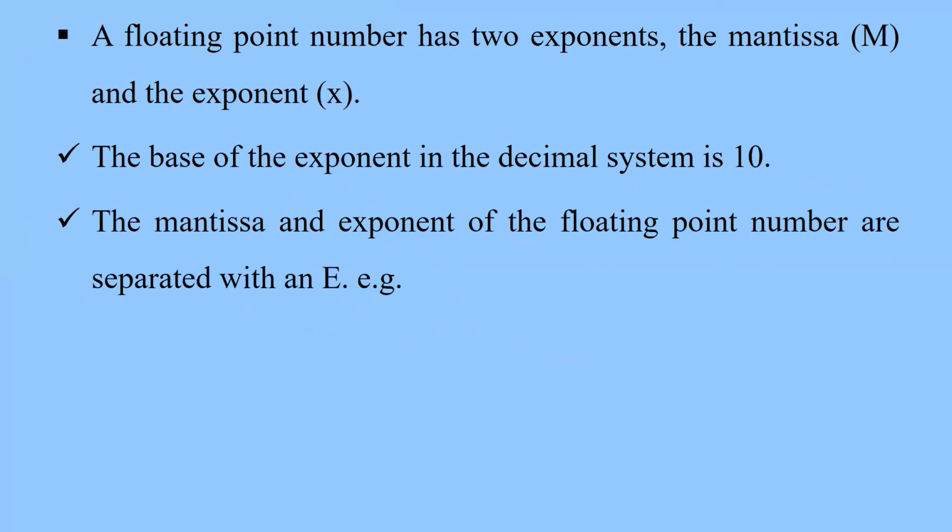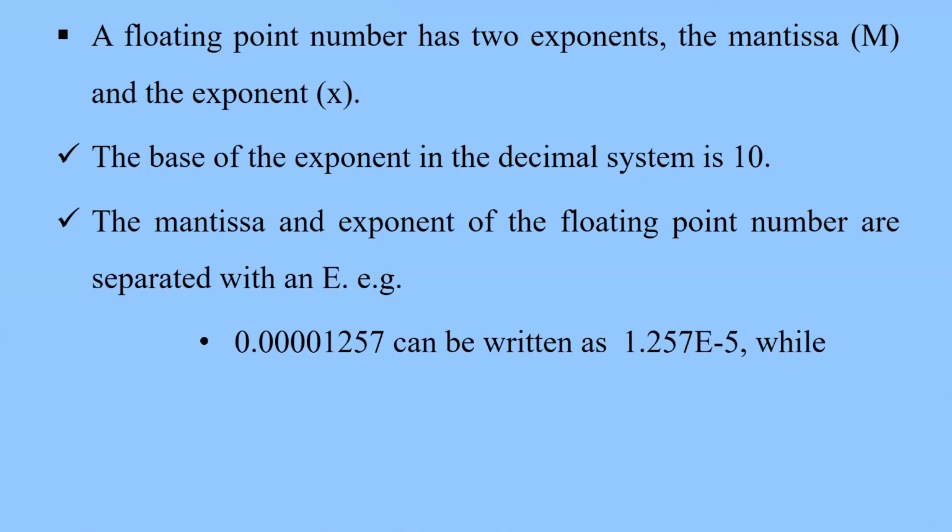The mantissa and the exponent of the floating point number are separated with an e. For example, if you have a figure like 0.00001257, you can write it as 1.257e-5.